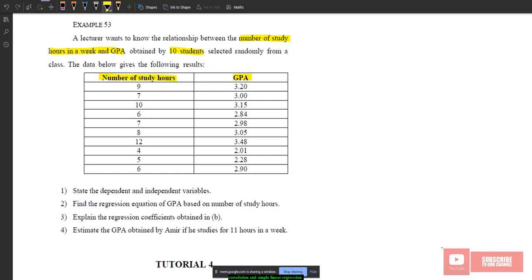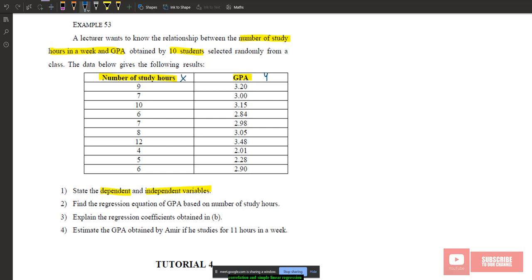First, we need to identify what is the dependent variable and what is the independent variable. Does the number of study hours depend on GPA, or does GPA depend on the number of study hours? GPA depends on study hours. So GPA is the dependent variable and number of study hours is the independent variable.